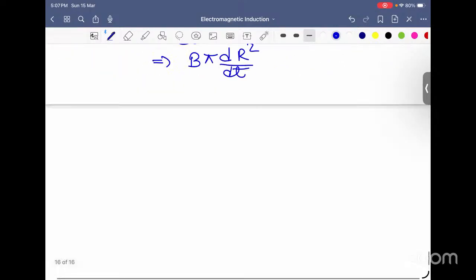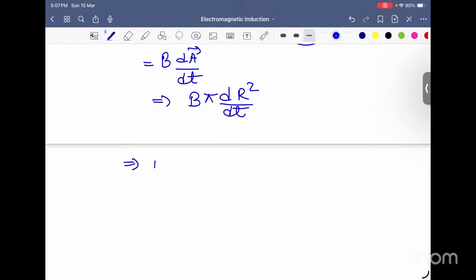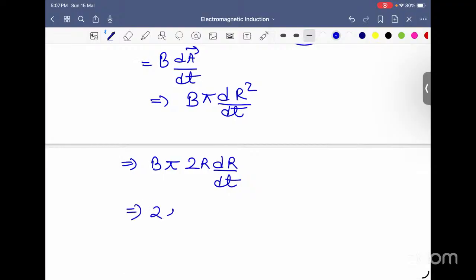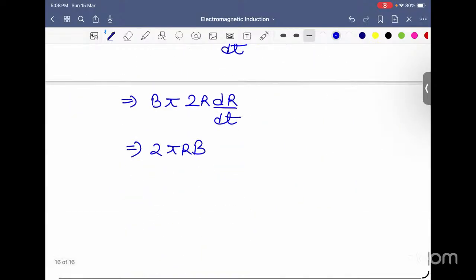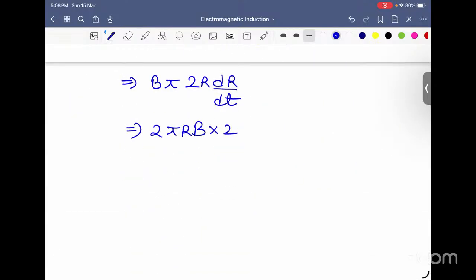When we differentiate, we get B pi into 2r into dr by dt. So we have 2 pi r B dr by dt, where dr by dt is 2 into 10 to the power minus 3, giving 4 pi r B into 10 to the power minus 3.